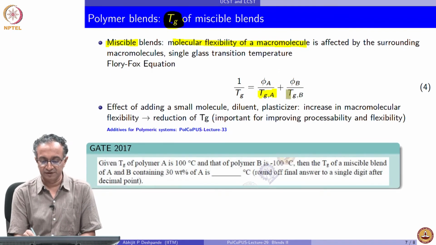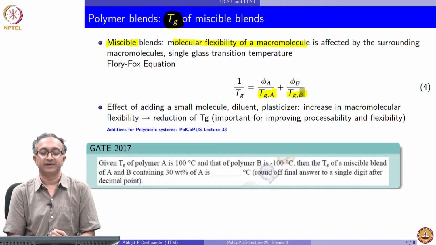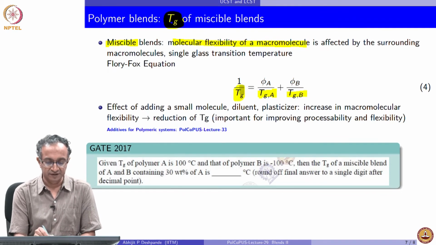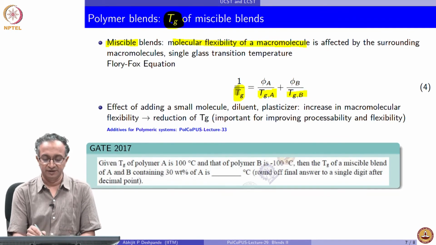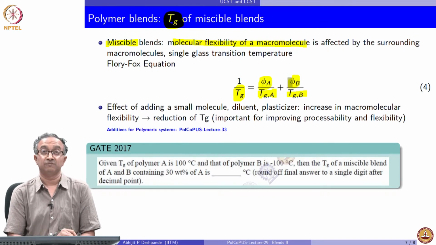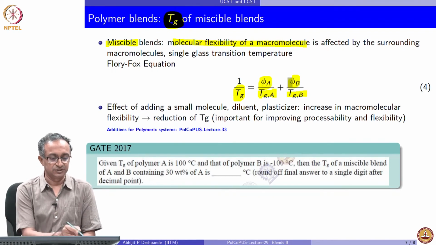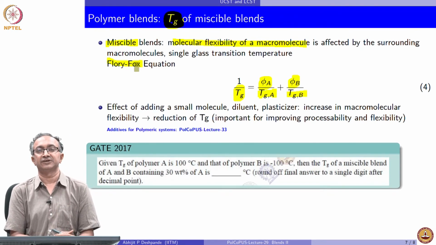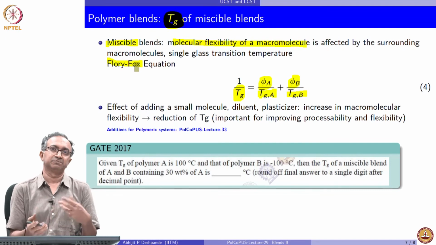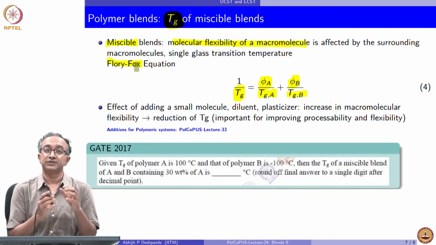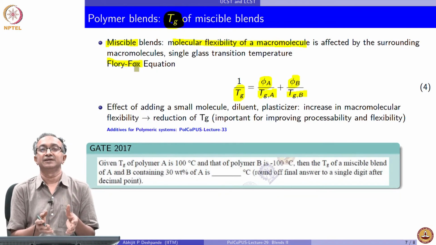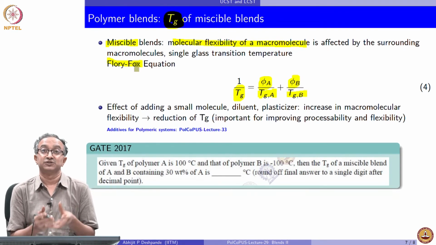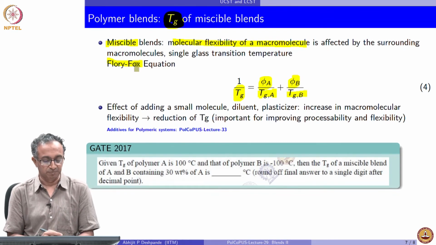And so if we have glass transition temperatures of A and B, we can get the glass transition temperature of the mixture in proportion to whatever volume fractions we are adding. And this is called the Flory-Fox equation. And there are several other empirical, semi-empirical and theoretical relations also available, because estimating the segmental mobility of a macromolecular system is of paramount importance from an application point of view.